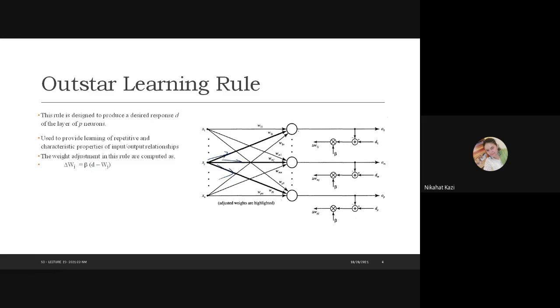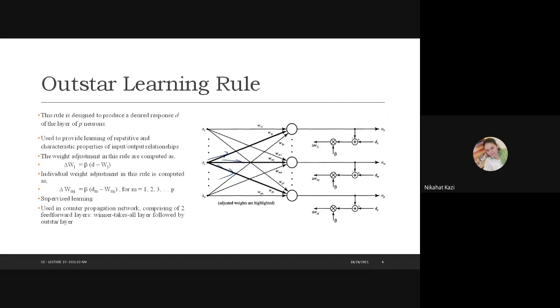So each of these neurons will have a desired output, and on that basis, the difference between that desired output and that weight is computed. Okay. This is the individual weight adjustment. It is supervised learning. And where it is used is, it is not used alone, it is used in some layered networks, like for example this counter propagation network.